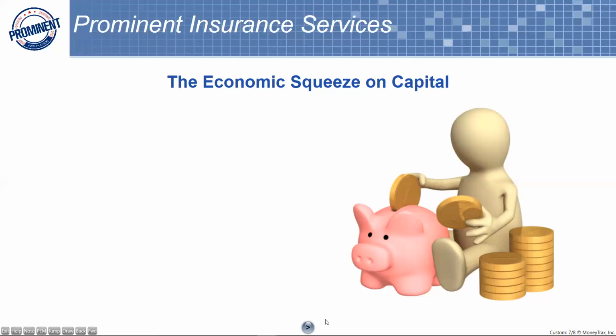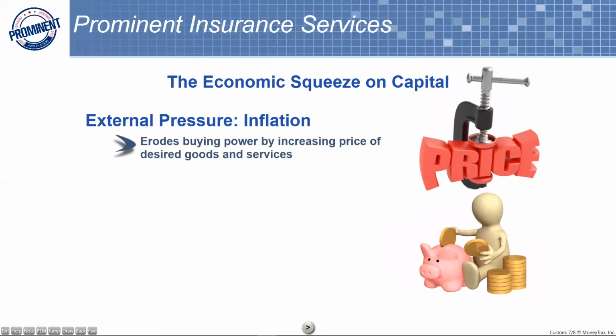And this slide is the economic squeeze on capital. And we know it is true. We've got two economic squeezes. One is external pressure, inflation. And what does that do? It erodes buying power by increasing the price of desired goods and services.